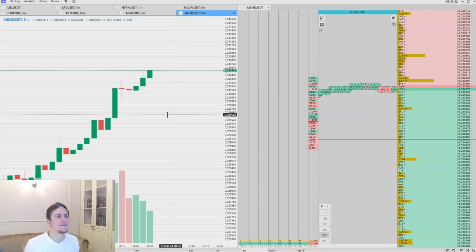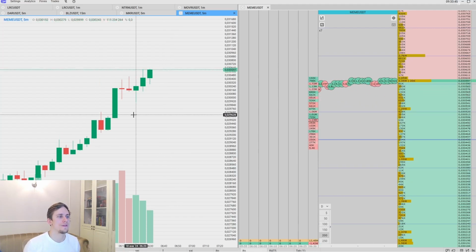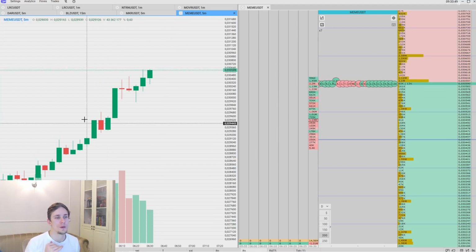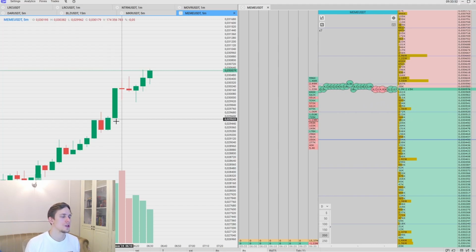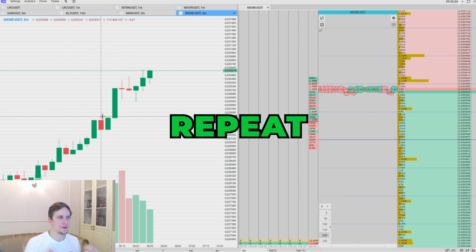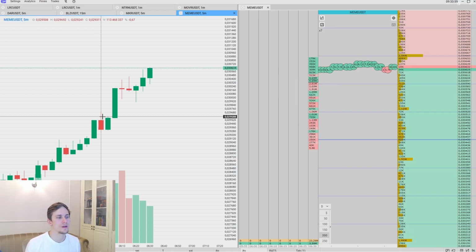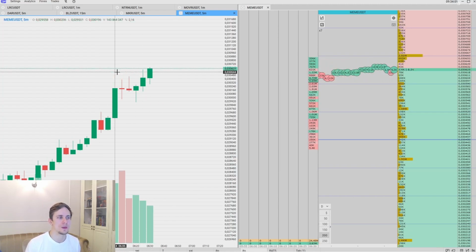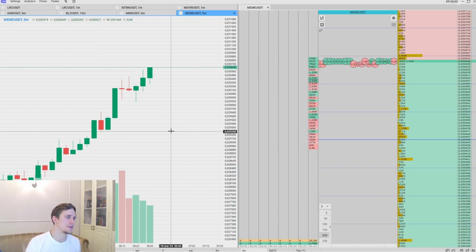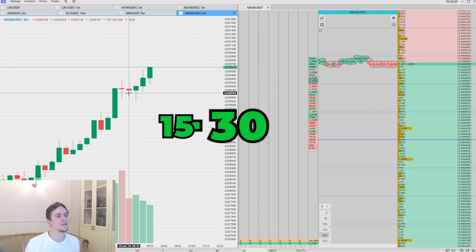Also, if we don't find formations or realize that the volumes are reduced, we skip this instrument. So we repeat this procedure with other top instruments, with other leaders of growth in the screener, and if our search doesn't meet our requirements, we repeat the same manipulation in 15 or 30 minutes.